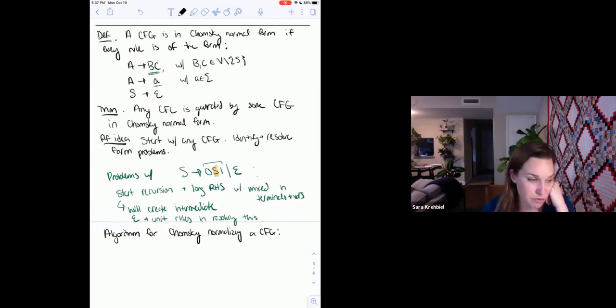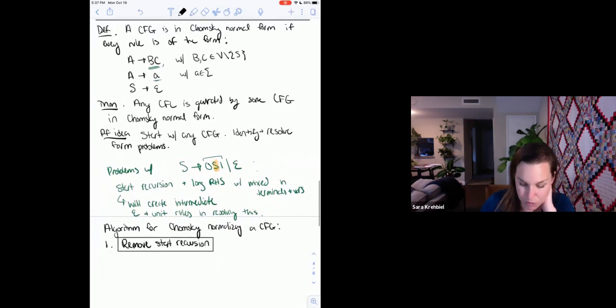The algorithm for turning a CFG into Chomsky normal form is going to start by removing start recursion. This is sort of like the section header for the algorithm.